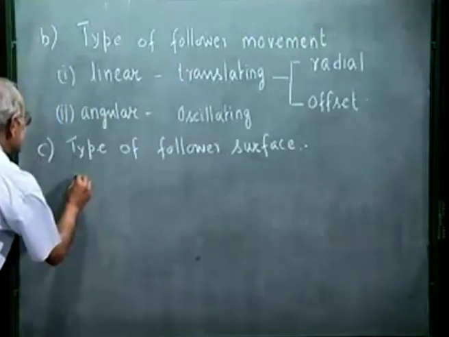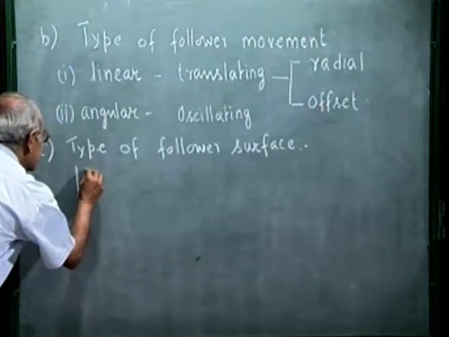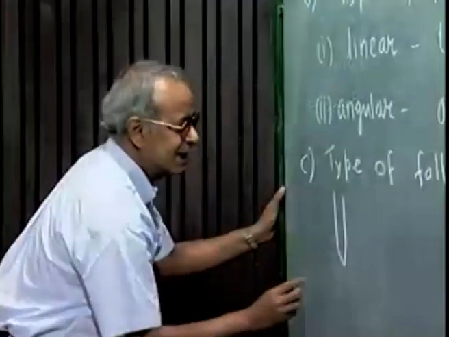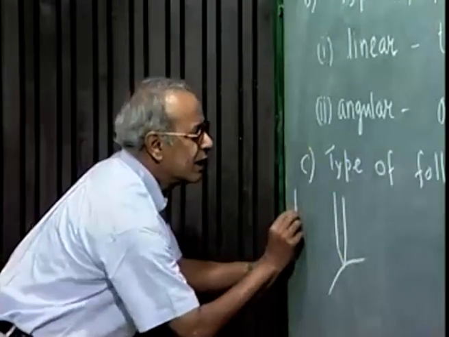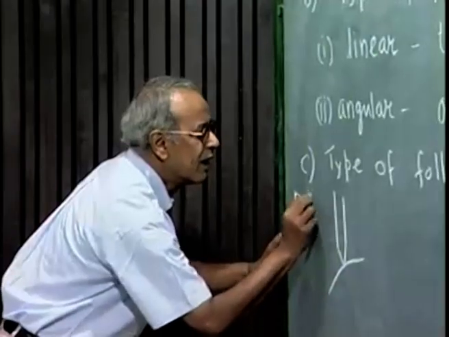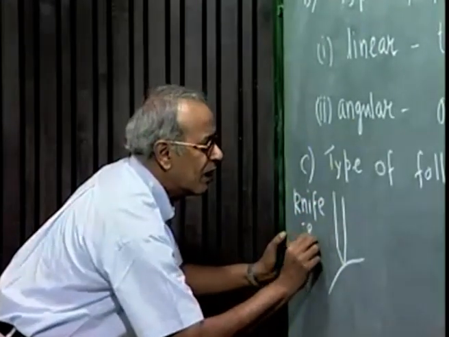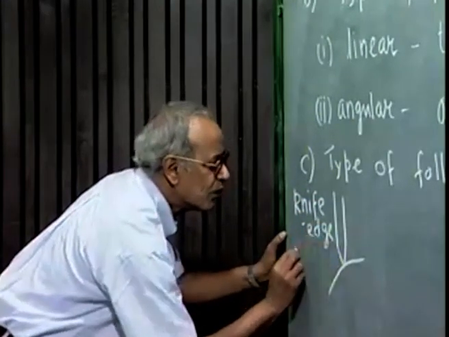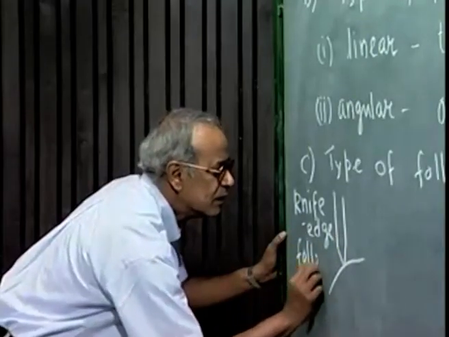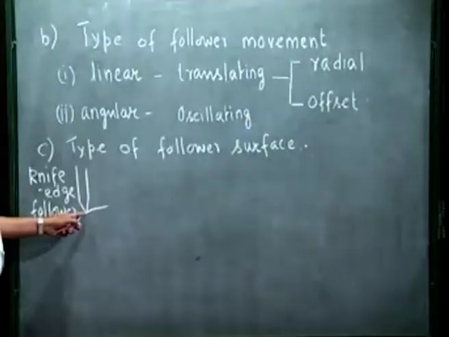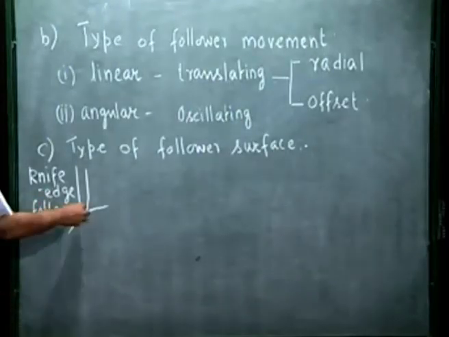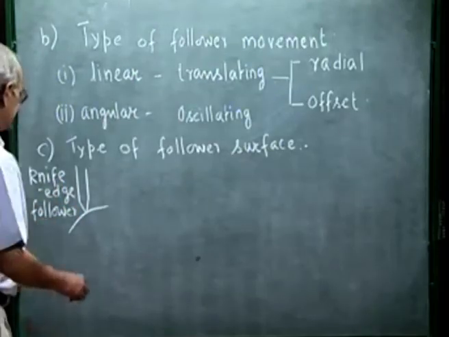If the follower has just a knife edge with the cam, then we call it a knife edge follower. It must be told that this knife edge is only theoretical because a knife edge follower is never used because of very high wear rate.